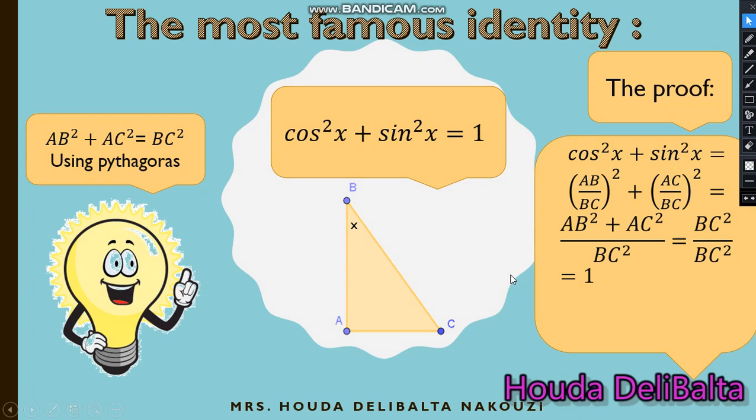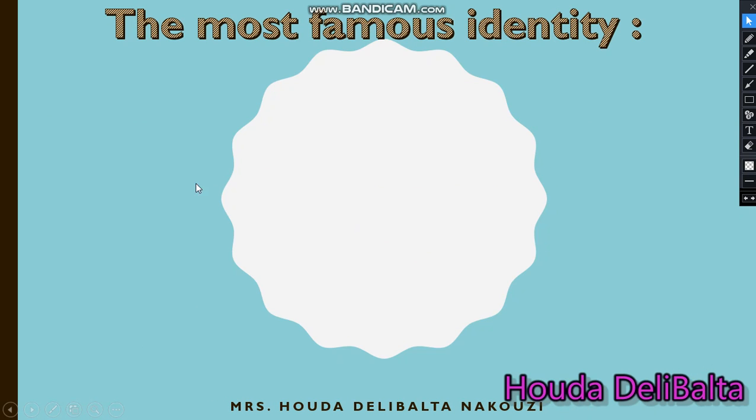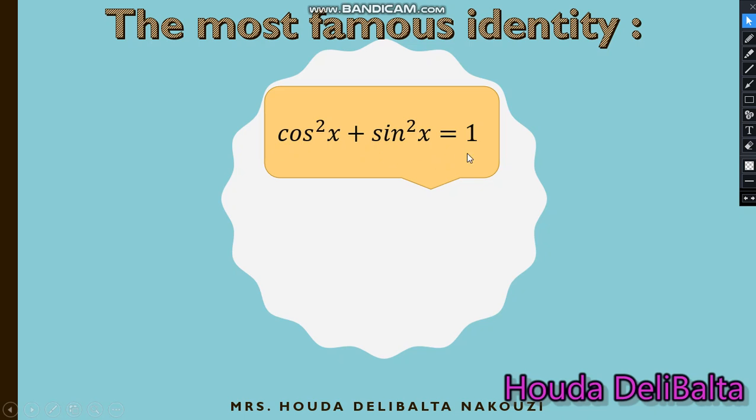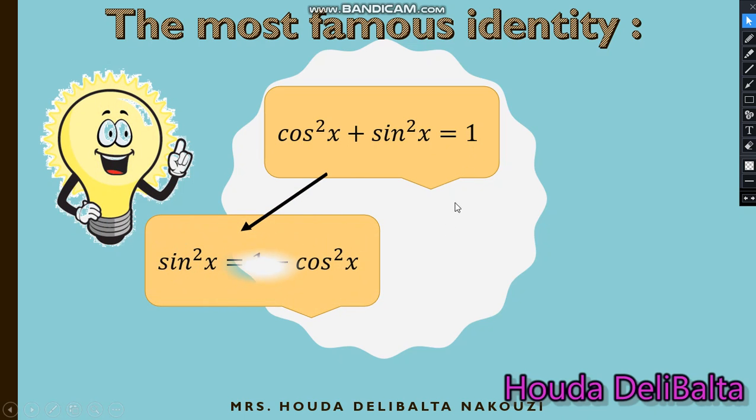Let's now make training exercises and see what we are going to get from this important identity. The most famous identity again in trigonometry is cosine squared x plus sine squared x equals 1. From this identity, I can discover two other identities. The first one is that sine squared x is 1 minus cosine squared x.